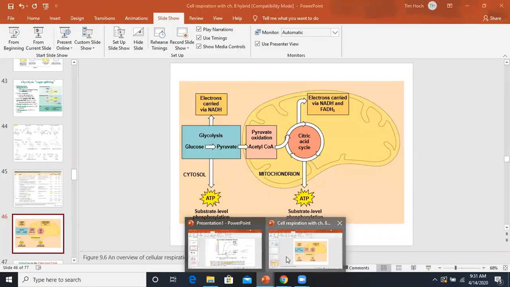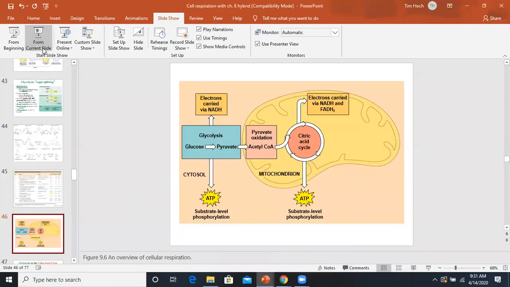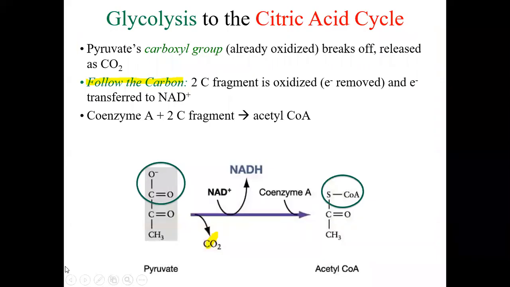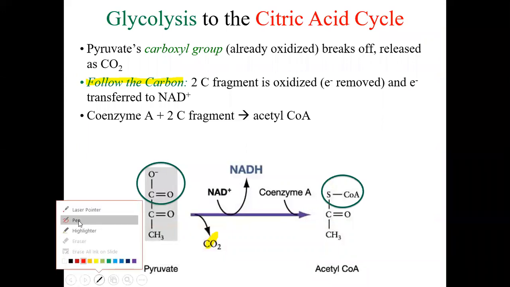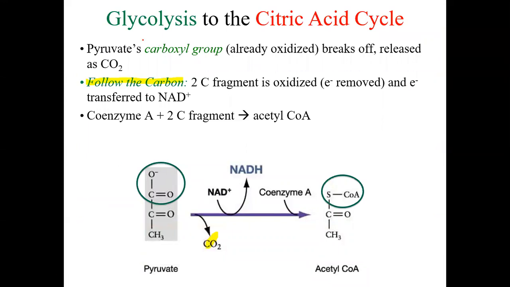So this is going to be referred to as what's called the link reaction. So let me kind of just tell you what you need to know about this as simple as possible. So glycolysis to the citric acid cycle, the point of the link reaction really is to make acetyl-CoA.